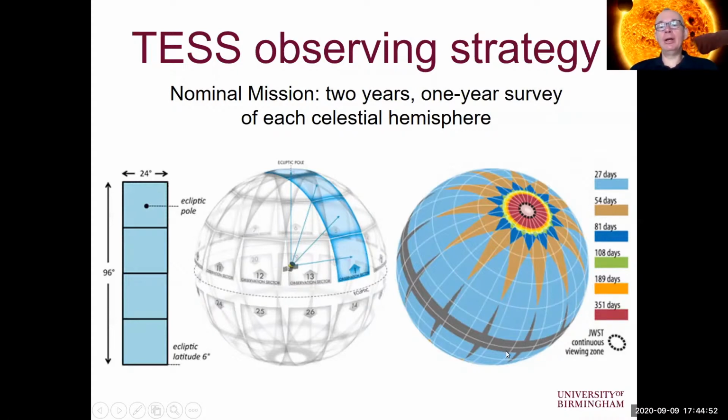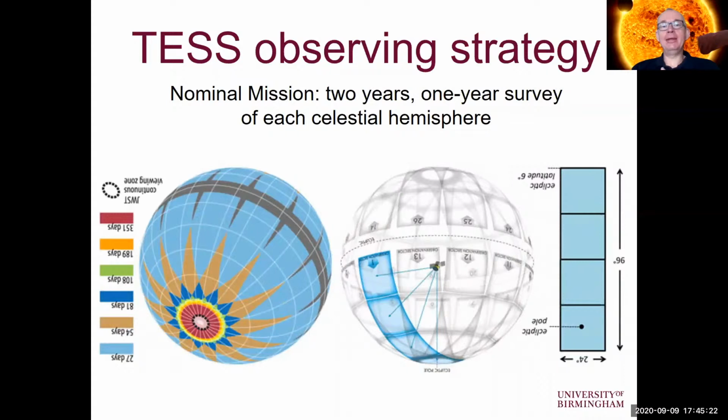The image on the right-hand side also shows the regions that were not covered during the so-called nominal mission. These little patches here, and also the region close to the ecliptic. That was a deliberate choice because Kepler actually observed many regions of the ecliptic during its nominal mission. So TESS's nominal mission was designed to last 2 years, essentially doing a 1-year survey of each celestial hemisphere.